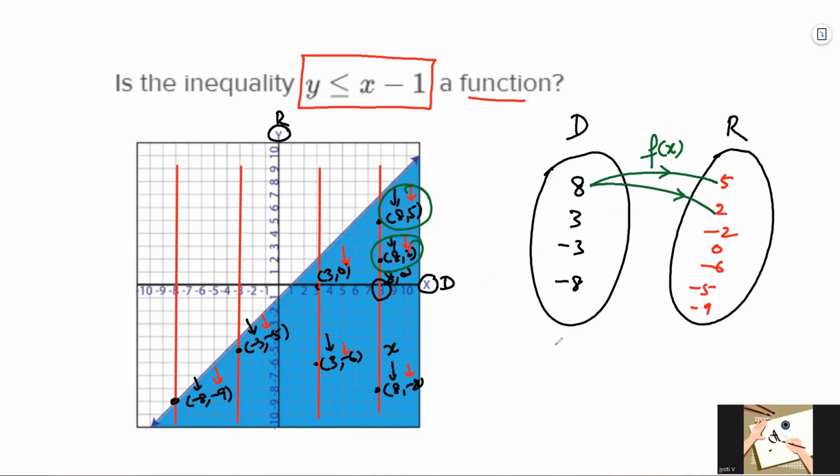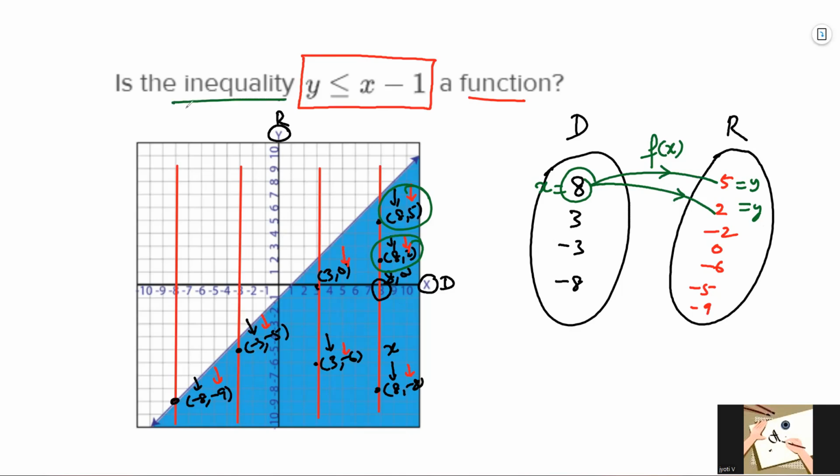So here itself the test failed, whether the graph of the relation is a function or not. A particular input 8 resulted in more than one output. So now we need not check anything else. If one failed, it means it is no more a function, it's a relation.